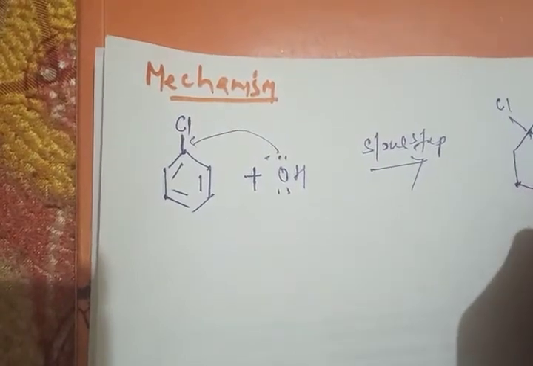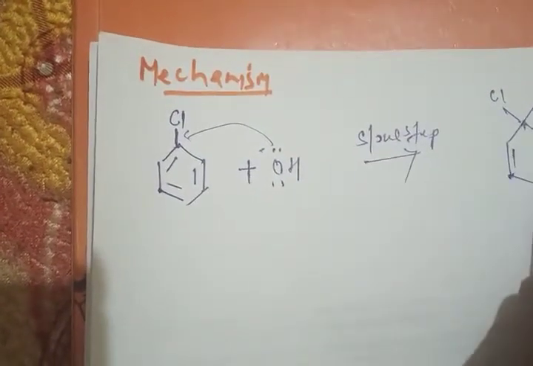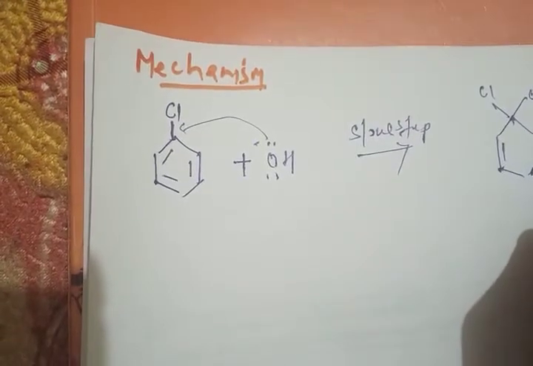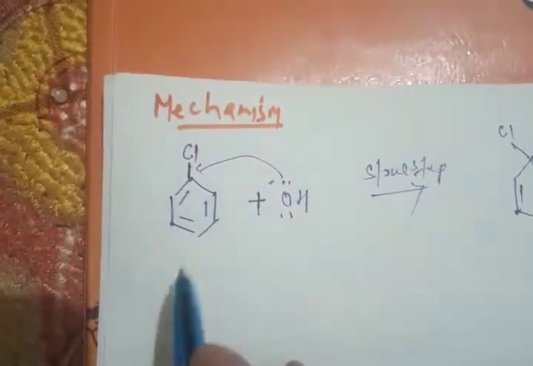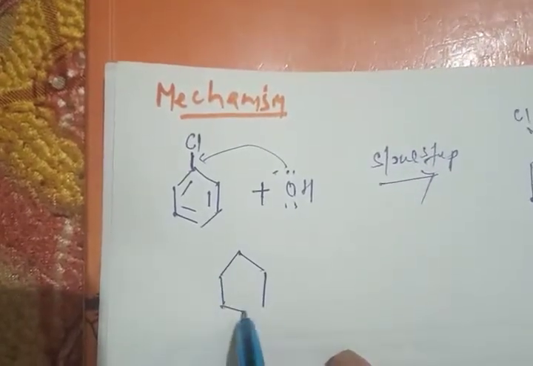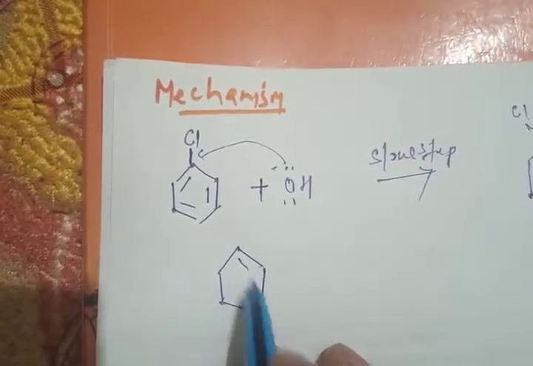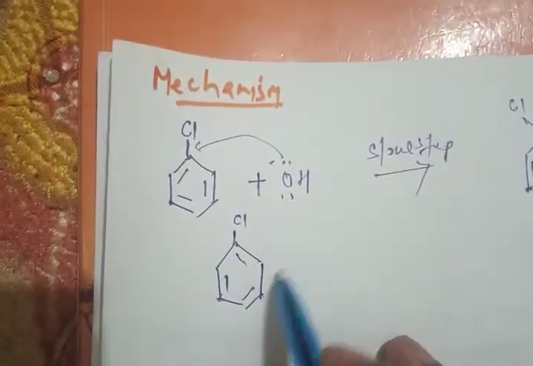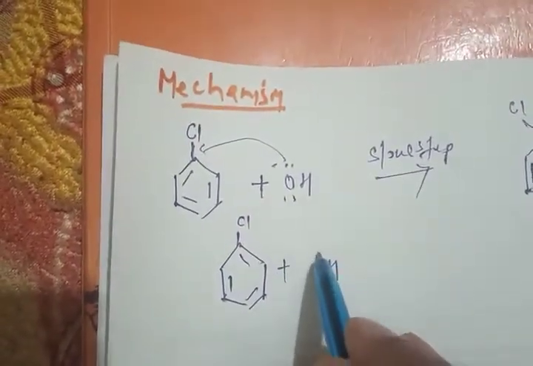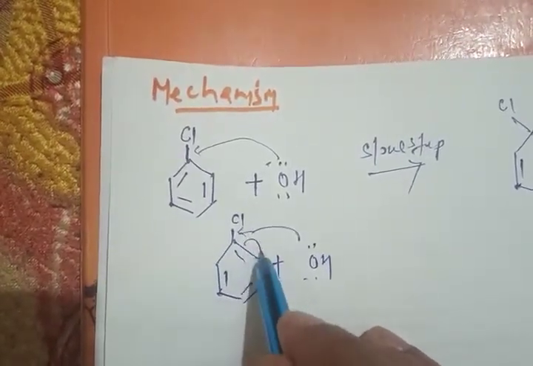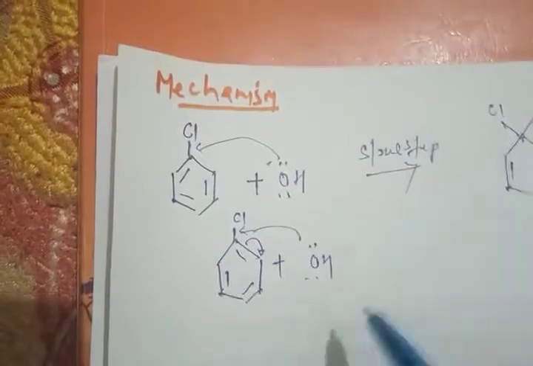And we get the Cl, OH intermediate. This is the negative charge, because if you draw in this pattern, this will attack to this side and this will go to this side.